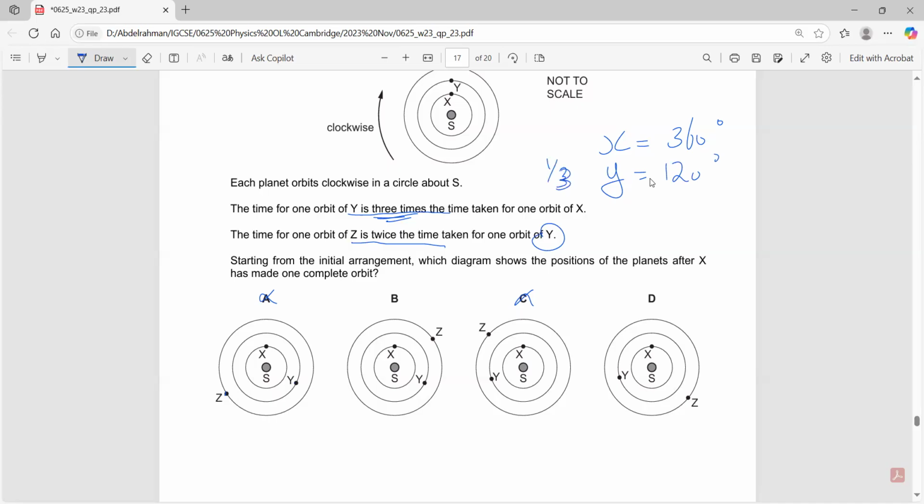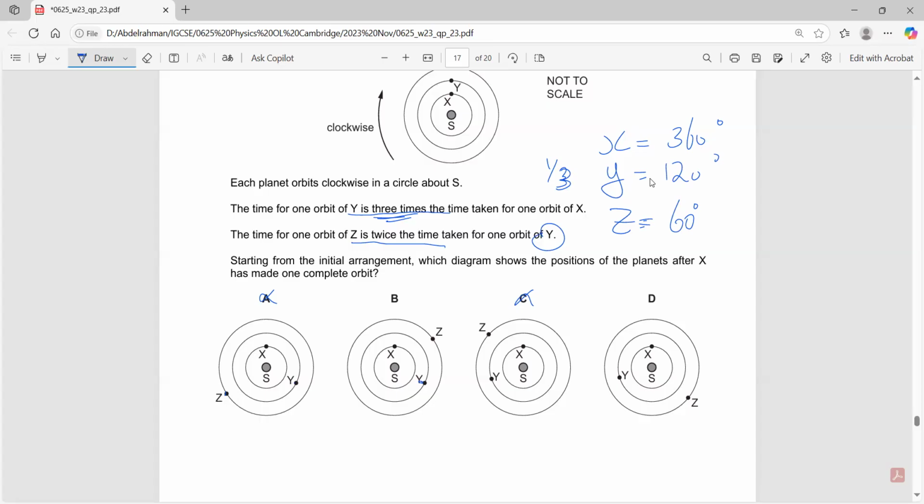What about Z? Z takes twice the time of Y, meaning that Z will only complete 60 degrees. So which of these is 120 and 60?